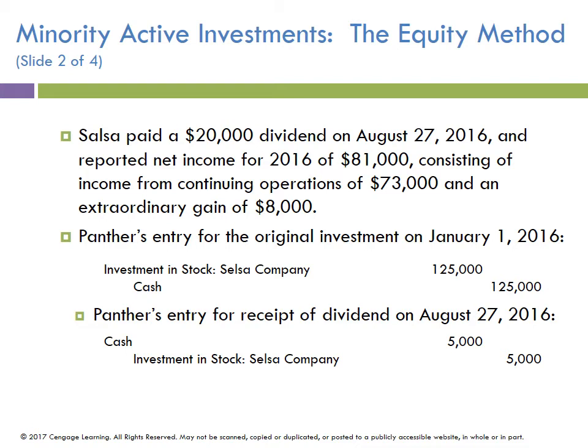Why? Salsa paid a total of $20,000 to all of its shareholders. Panther only owns 25%, so they're only receiving cash of $5,000. They'll credit not dividend income, but the investment account. So under this method, whenever the investor receives a dividend from the company they own, they credit the investment account.